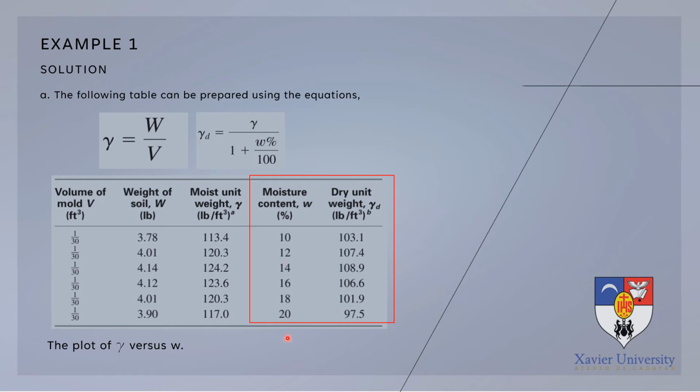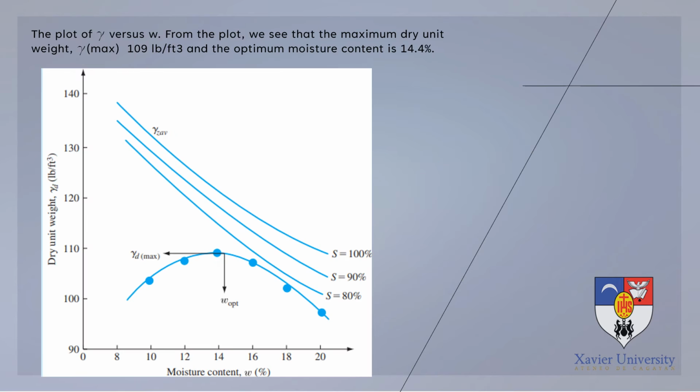With these values, we can now plot our compaction curve, with the gamma dry or the dry unit weight as our y-axis and our moisture content as our x-axis. We plot the moisture content values one by one.